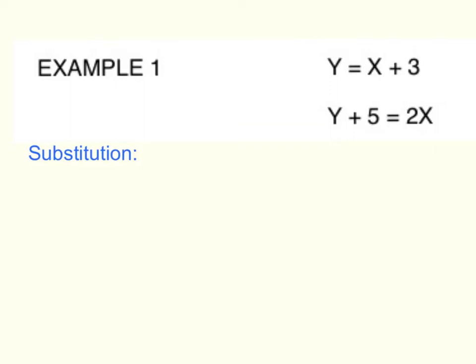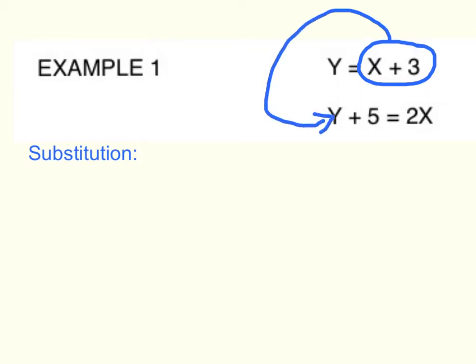Now, what I can see here is that I have y equals x plus 3. So I can circle this right here because I know that y is x plus 3. So what that tells me is I can take what I just circled and substitute it into the second equation where I see the letter y.